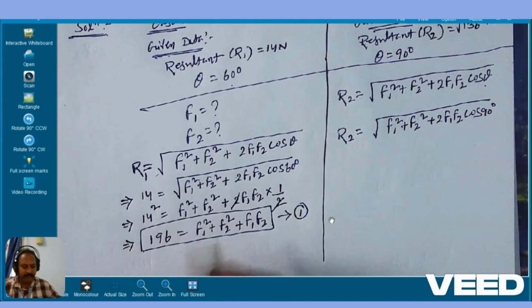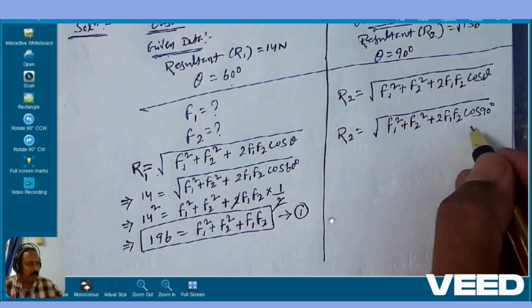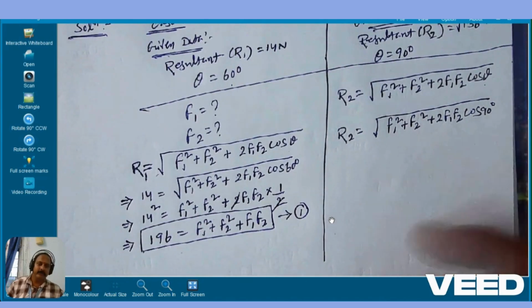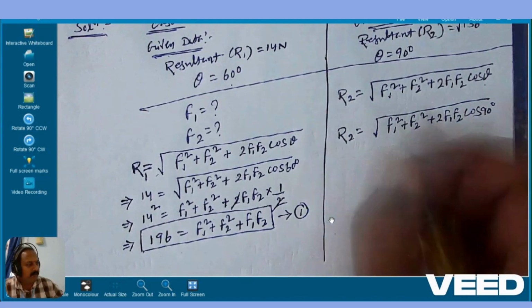Similarly for case 2, we know the value of cos 90.